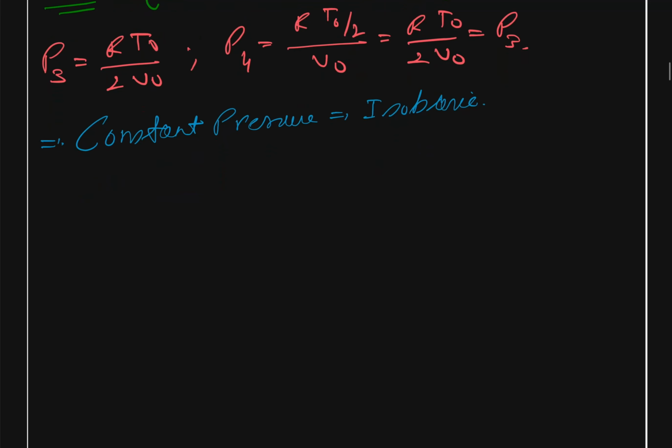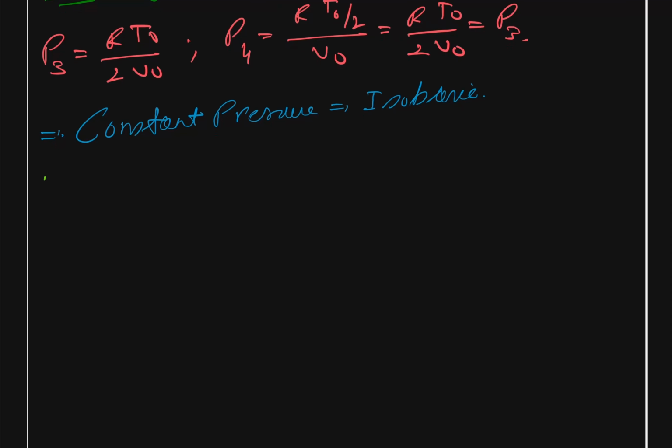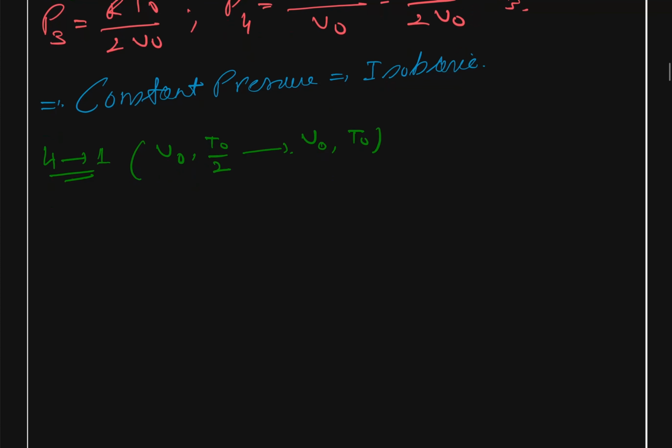Let's come back to 4 to 1. We have V0, T0 by 2, and this goes to V0 and T0. So once again, volume is constant at V0, so we have this as isochoric.